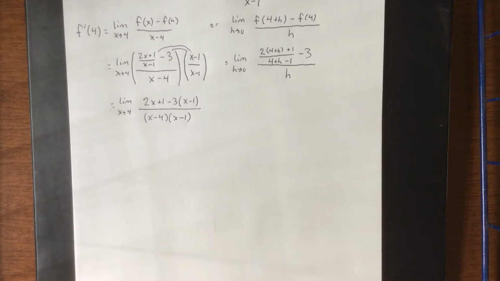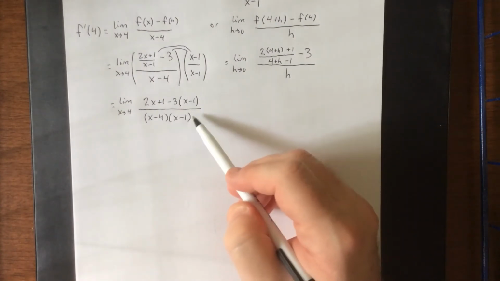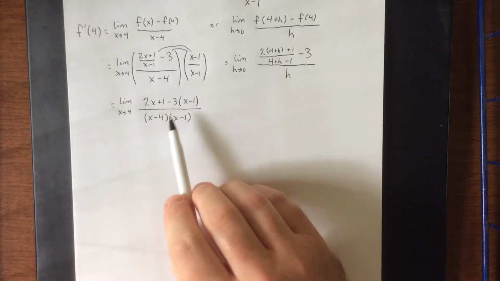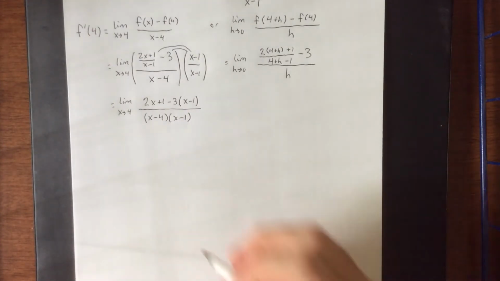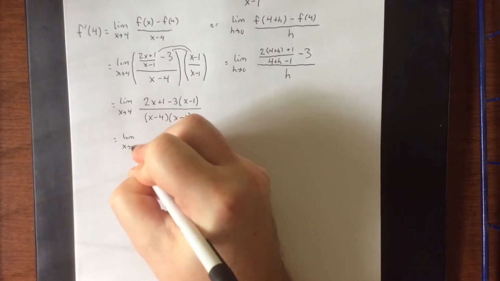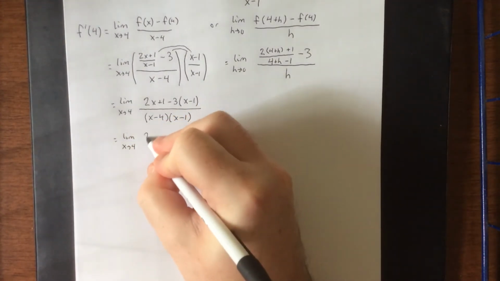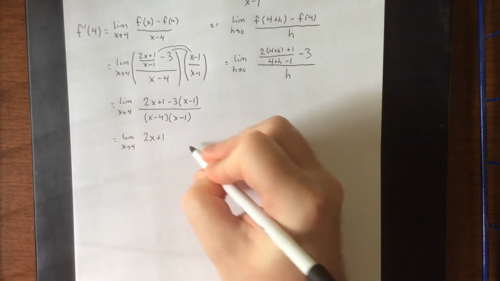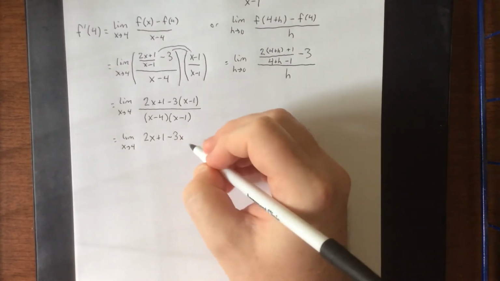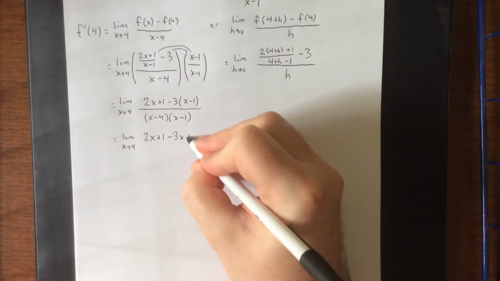Now there's a temptation here to say let's cancel out these x minus 1's, but unfortunately because of the pluses and minuses that are in the numerator, that would violate the order of operations. Instead what we'll do is distribute that minus 3 through the numerator and then combine like terms. So distributing the minus 3, the positive x becomes negative 3x, and the minus 1 becomes plus 3.